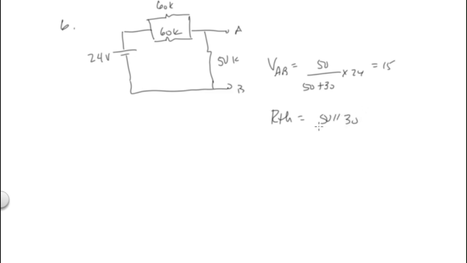That's one we've done. Or we have a 50 in parallel with a 60 in parallel with a 60. Let's do it this way. That's equal to 18.75K. 50 times 30 divided by 80.